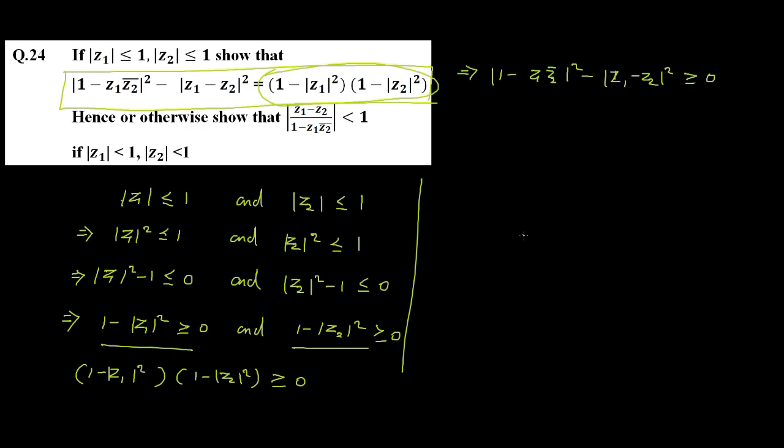Okay, again we can write |1 − z1 z2 bar|² ≥ |z1 − z2|². So take the square root on both sides: |1 − z1 z2 bar| ≥ |z1 − z2|.